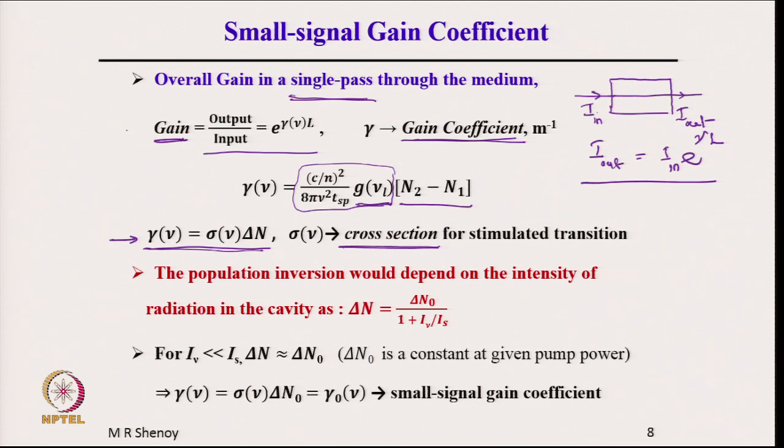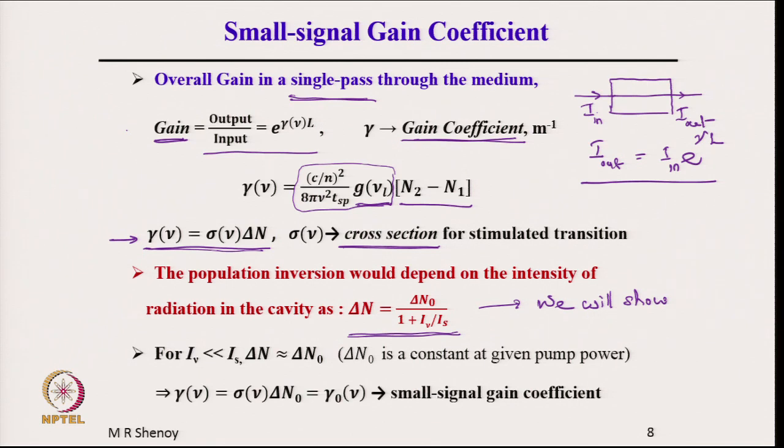The population inversion actually would depend on the intensity of the radiation in the cavity, as delta n is equal to delta n 0 divided by 1 plus I nu by I s. This result we will show a little later using the rate equations.